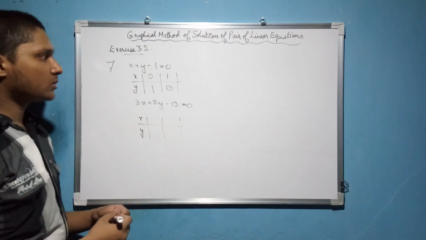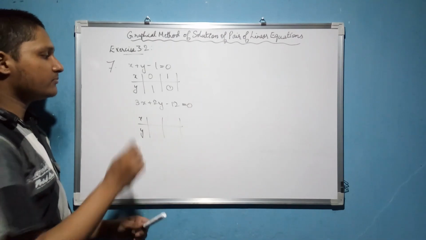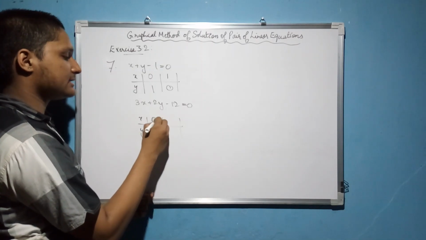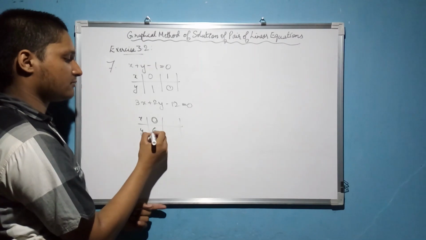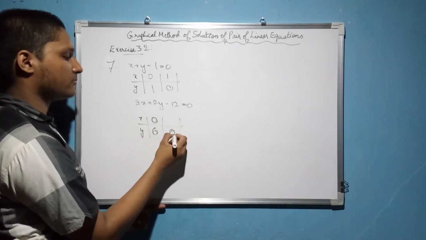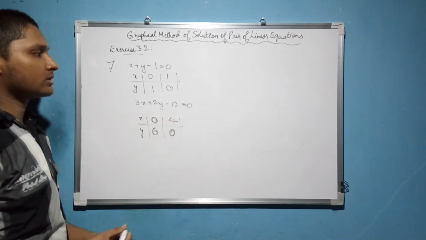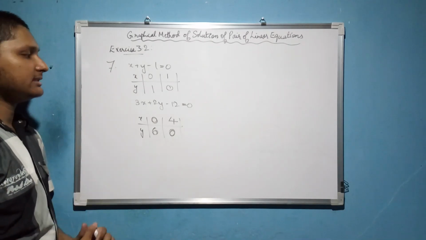Maybe I'll put x to be 0. When x is 0, y is going to be 6. When y is 0, x is going to be 4. I need to just plot those two.